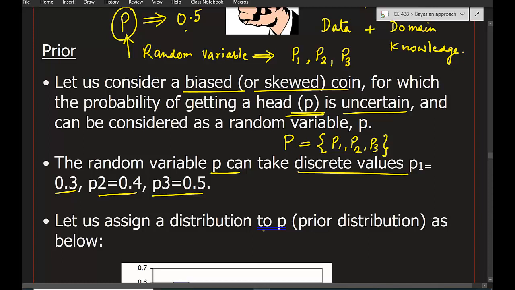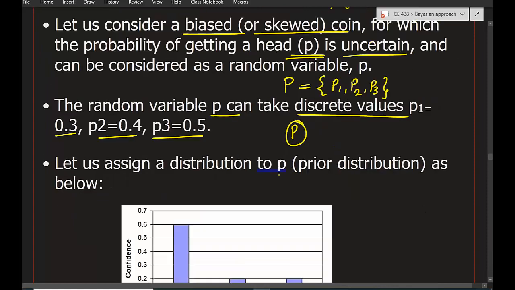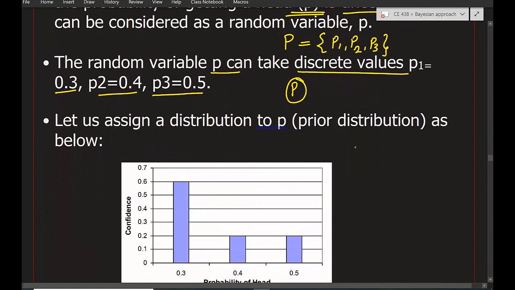Let us assign a distribution to P. Because P is a random variable, I can define a prior distribution. If you remember, in previous classes we said a random variable can be defined by a probability mass function.